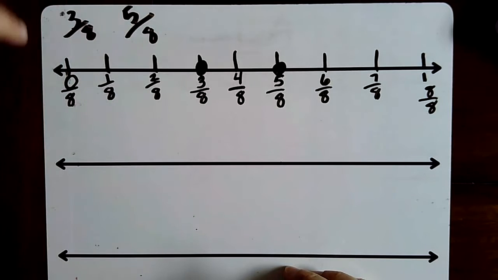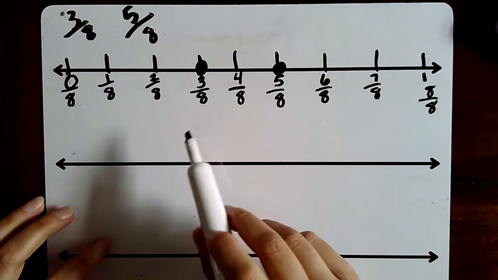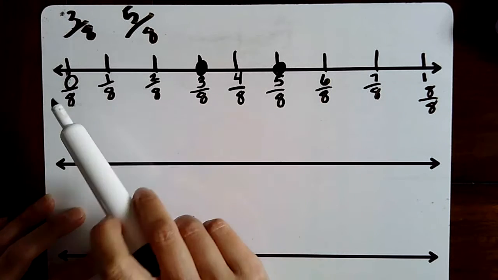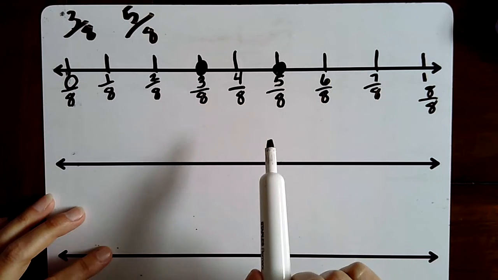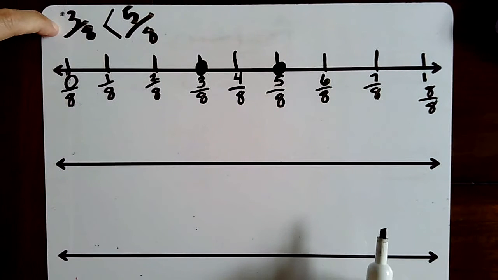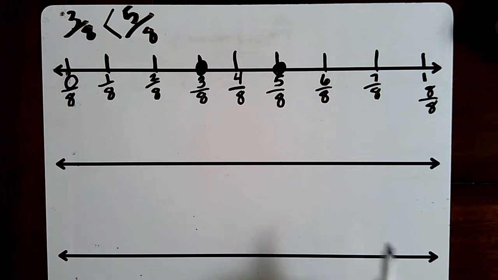So which one goes farther out the line? Is it 3/8 or is it 5/8? So when we look closely, we see that 5/8 is bigger than 3/8. So we're going to put our less than sign in here. 3/8 is less than 5/8.